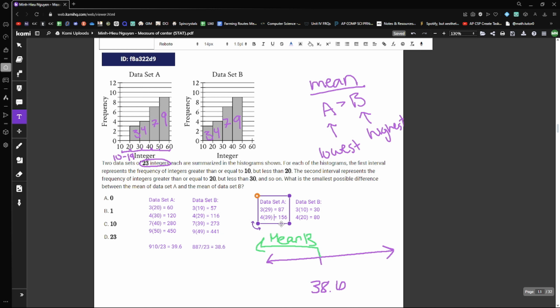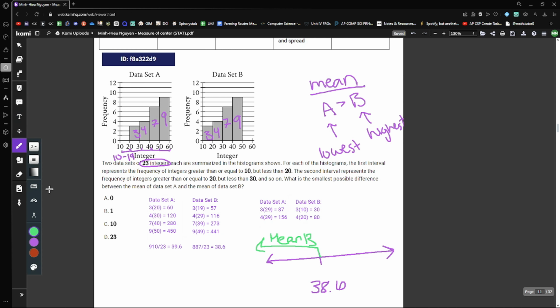Now as you can see, this would result in getting a larger mean than 39.6. So the mean of dataset A is 39.6, I know that's hard to read. But had you chosen any larger number, that means our mean would only be getting bigger, or it would be going this way. Mean of A.